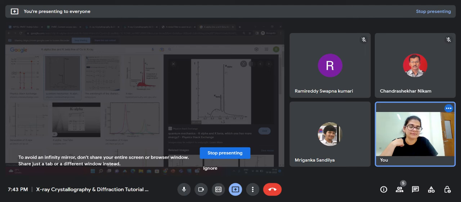So you can see that the intensity of K alpha is greater than that of the K beta line.